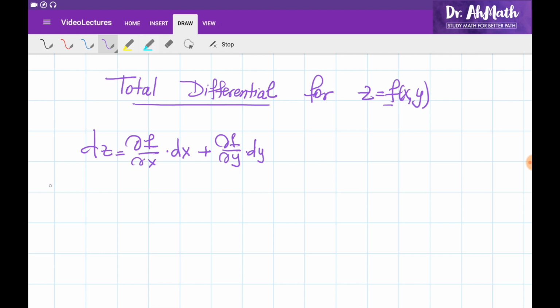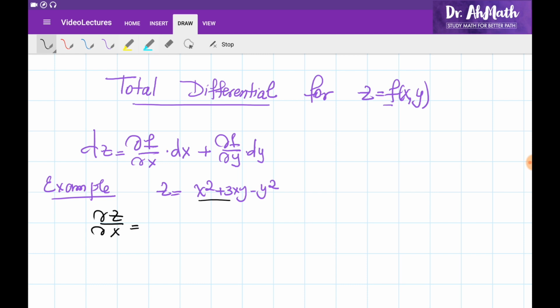So let's do an example of calculating the total differential for multivariable functions. Let's say z is given as x squared plus 3xy minus y squared. What we need to do is find the total differential. In order to do this, we first need to find the partial derivative of z with respect to x. I take the derivative of this function, where I see that y is a constant.